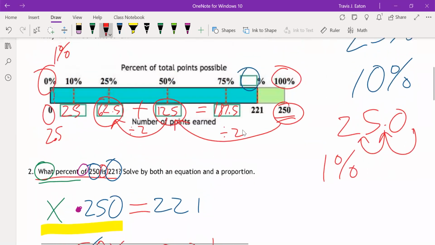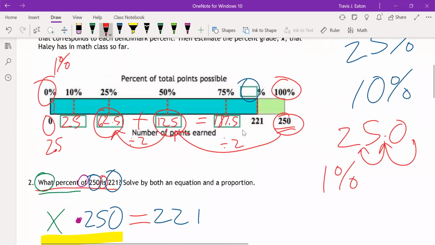Okay, now let's go back up and look at the tape diagram. One more thing, because I forgot to do this part here. Now, all these benchmark percents are great, but does that really help us find exactly what 221 is going to be? Well, no, not really. But we know that it's somewhere between 75 and 100.